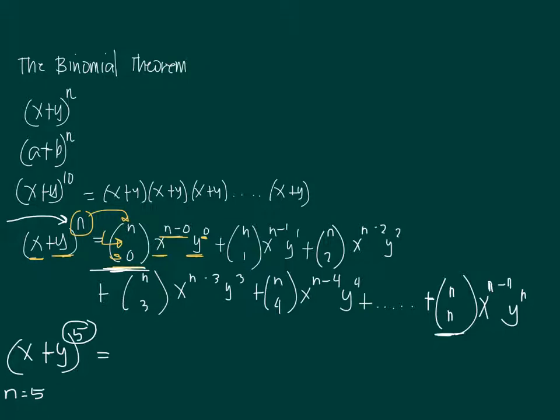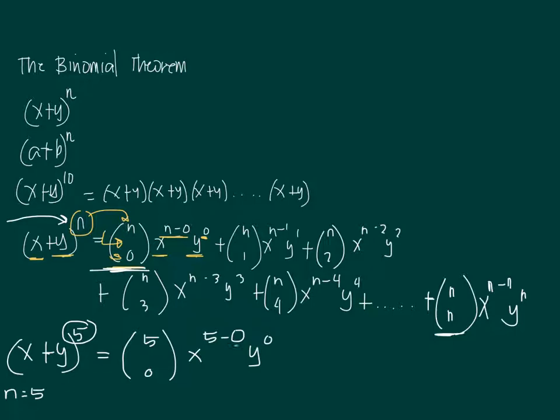So if we follow the formula, we start with n, the 5, and 0. So we always start with 0. And then the x gets 5 minus 0 as the exponent, or simply 5, and then y gets the 0 as the exponent.